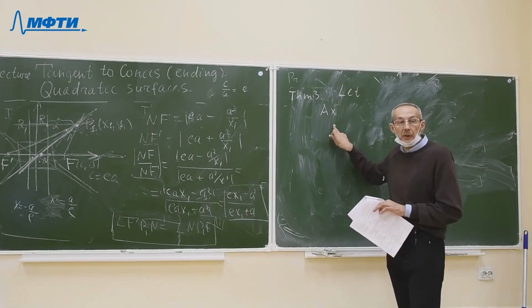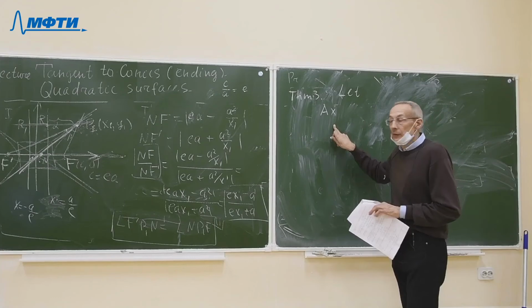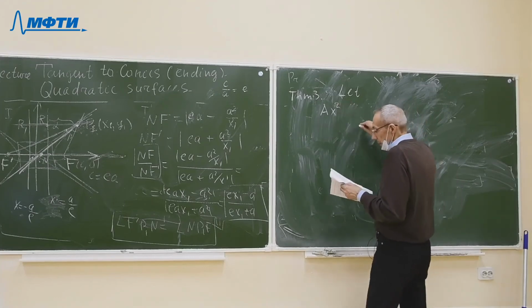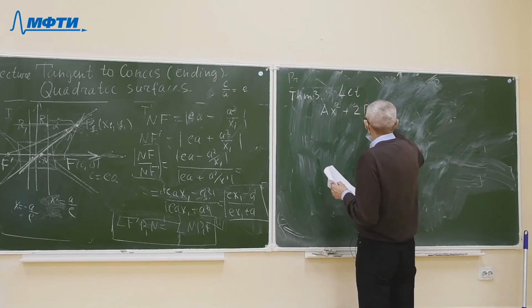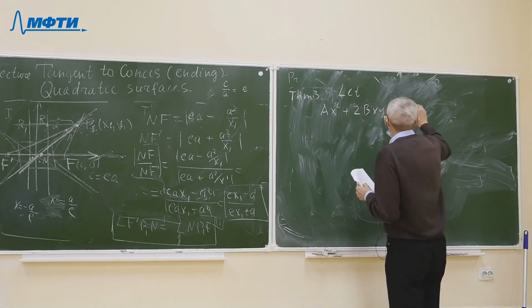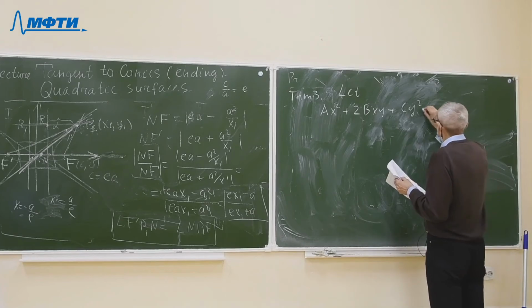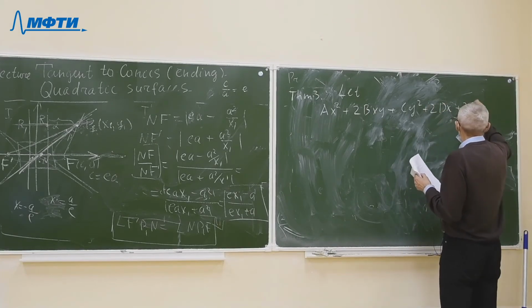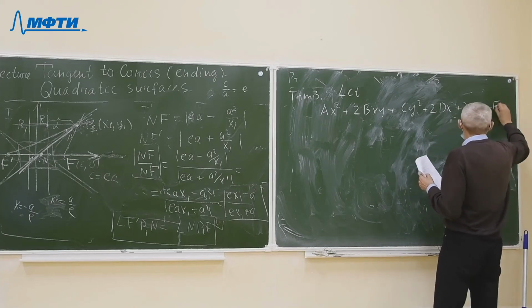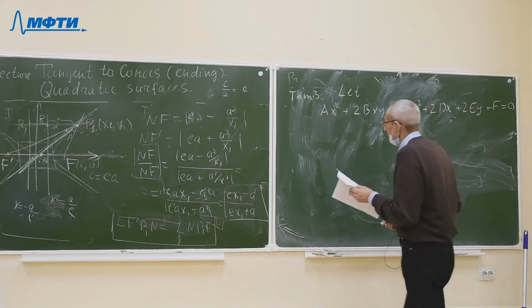The equation is a polynomial of the second order: a x squared plus 2bxy plus cy squared plus 2dx plus 2ey plus f is equal to 0.